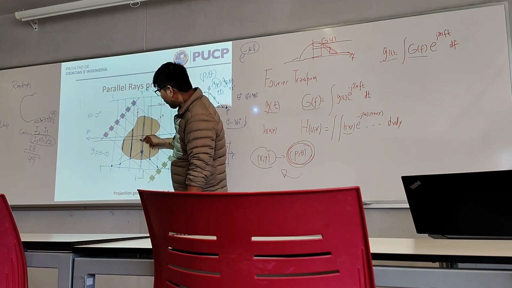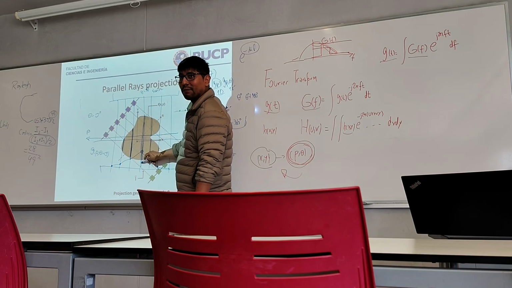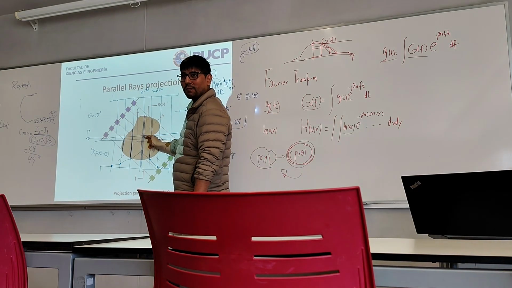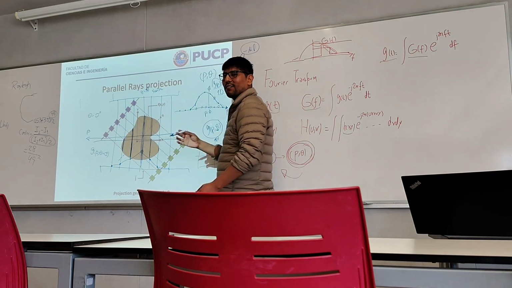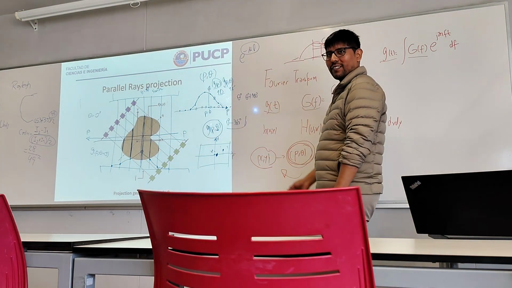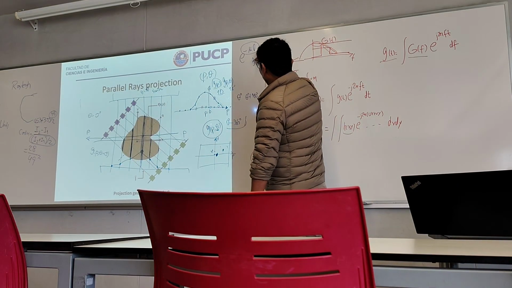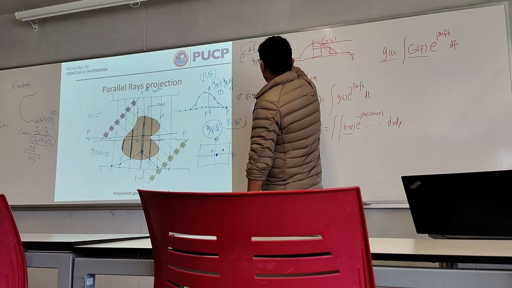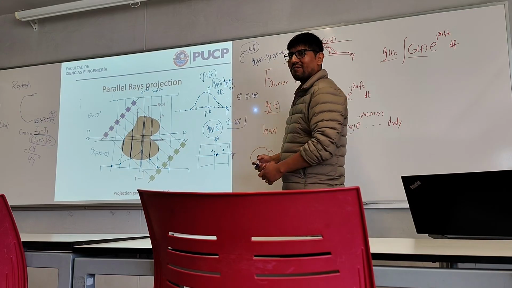So pointing this way will make this longer part be at a negative value of P instead of positive. But it's just a very small difference. So it's like g(p, theta) will be like g(-p, theta plus 180 degrees). Something like that.